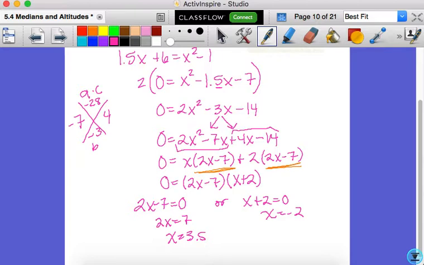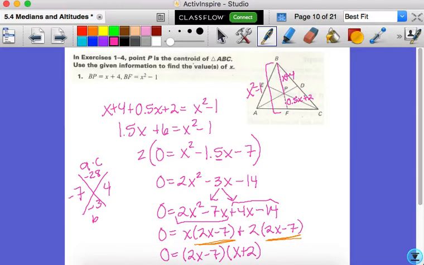Now I want to make sure that both of those answers make sense in the context of the problem. So negative 2, if I were to plug that in to all three of these locations: negative 2 squared minus 1, that's 4 minus 1, that's 3, so that's okay. Negative 2 plus 4 is still a positive 2, so that's okay.